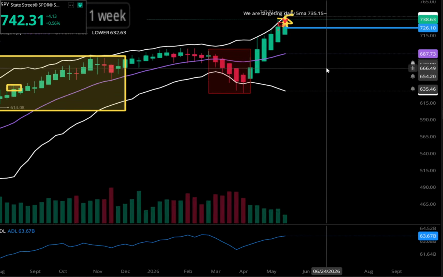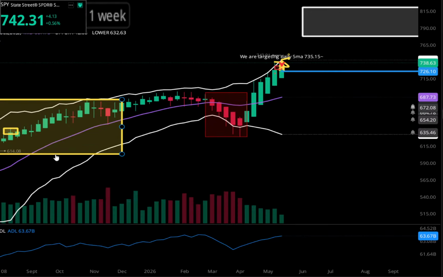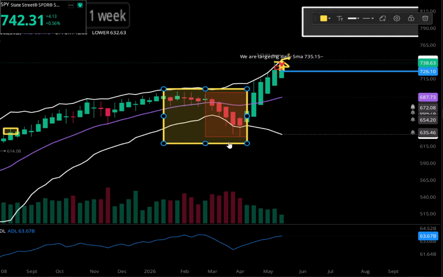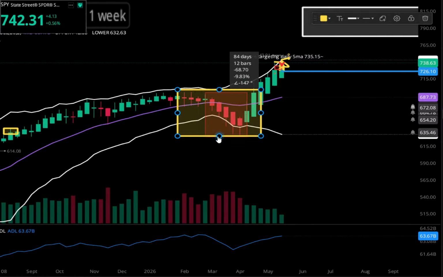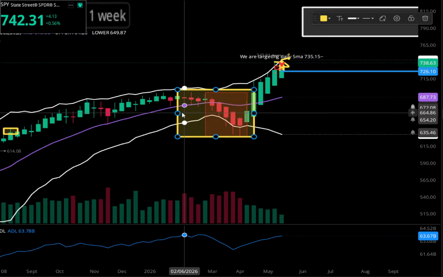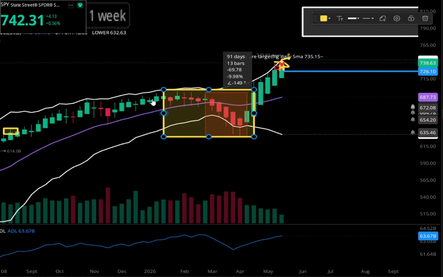Kind of the same thing here with the last major sell-off: we got to the very bottom of it, and it did create that entry for us with the lower Bollinger there. And what started happening? We started seeing massive buying, completely invalidating this entire previous selling range.